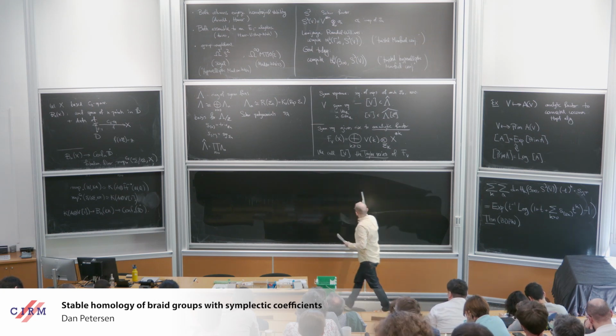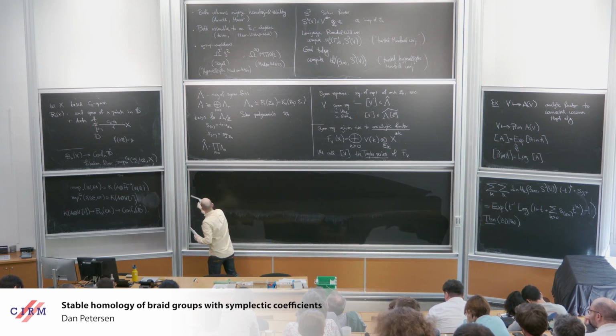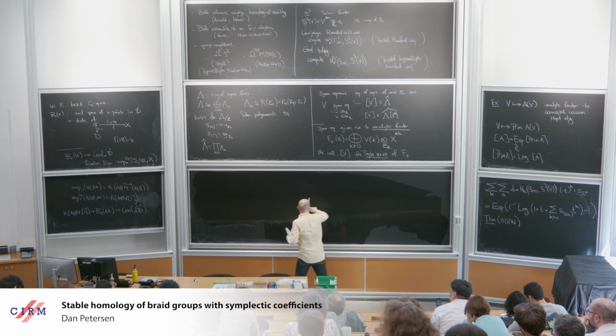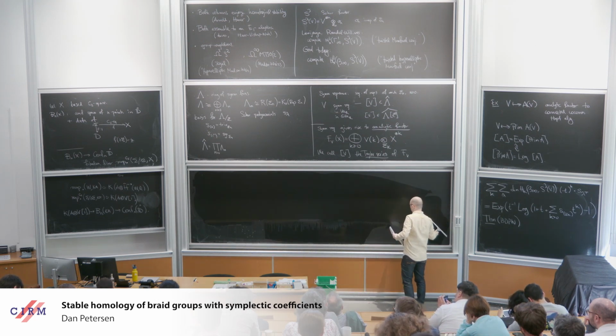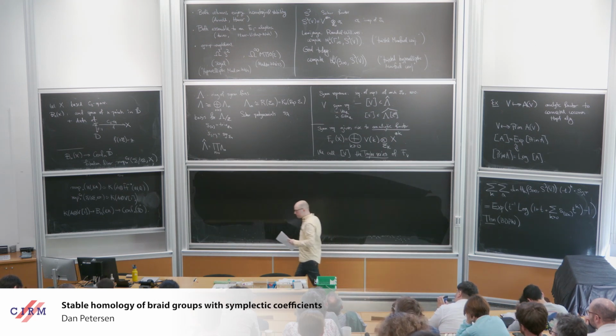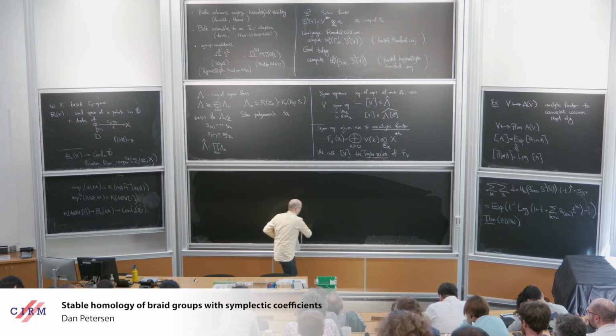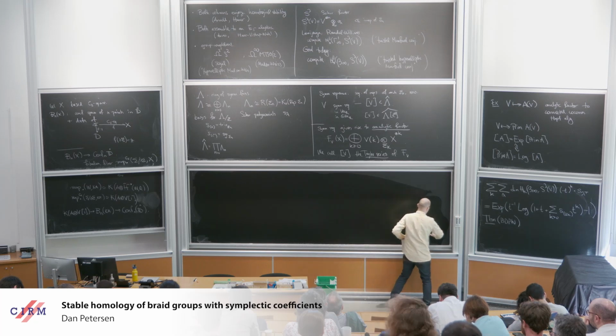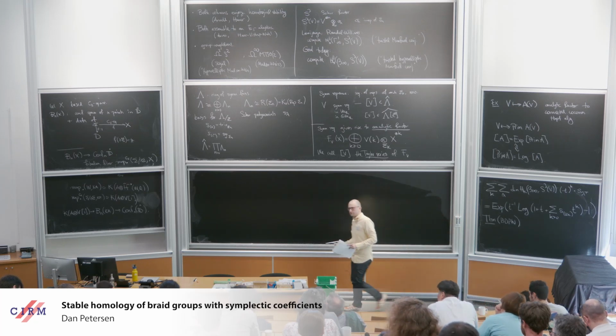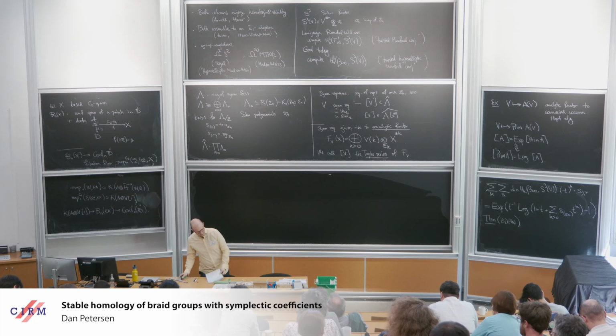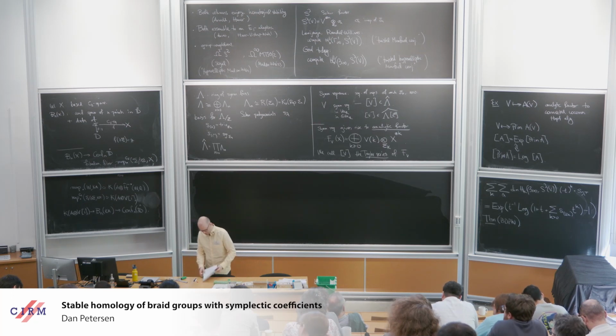One way to see that is that whatever the differentials are, they have to be equivariant with respect to the action of the general linear group, GL of A. And there is no room for any equivariant non-trivial differential in the spectral sequence. So equivariance just forces all differentials to be 0.